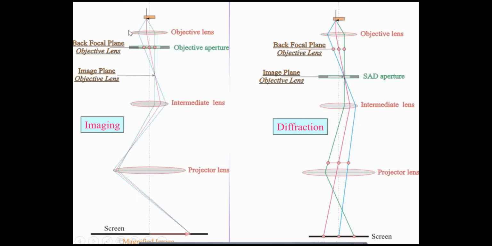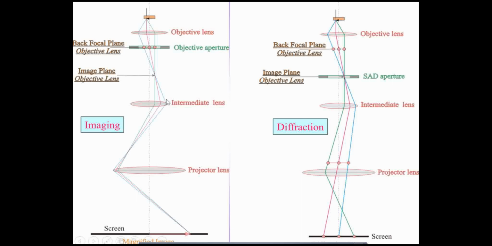What is actually happening is with the sample. The TEM sample is very tiny, very small, and it should be very thin for electrons to transmit through it, so that a diffraction pattern can be generated, and imaging.